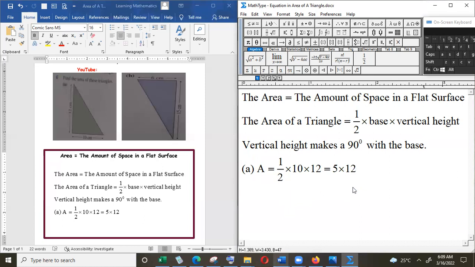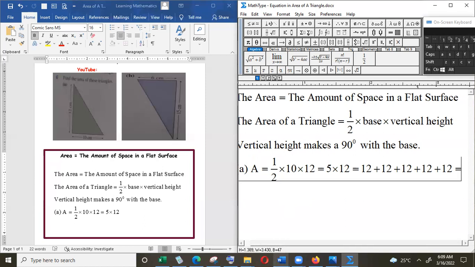So we have 5 times 12, and 5 times 12 is 12 five times: 12 plus 12 plus 12 plus 12 plus 12. 5 twelves. 1, 2, 3, 4, 5.